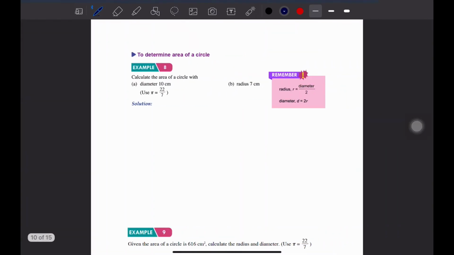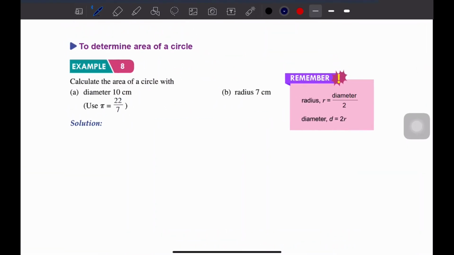Settle. Okay, next, determine the area of a circle. Okay, so the first one, calculate the area of the circle with diameter 10. Okay, we know that area of a circle, the formula is pi r square. So you need to know r. So when the diameter is 10, so r is 5.